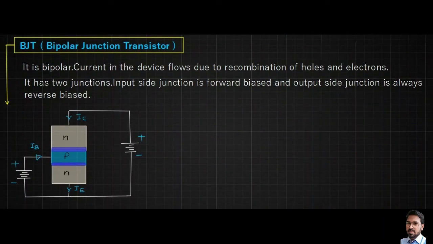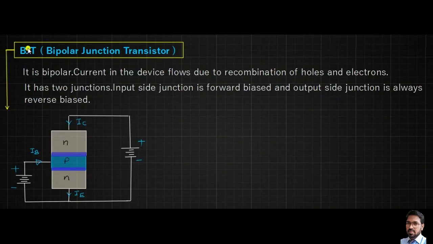Now see, the first generation transistor, BJT, bipolar junction transistor. Let us have a brief look at the BJT concepts so that we can understand the MOSFET, the major differences.